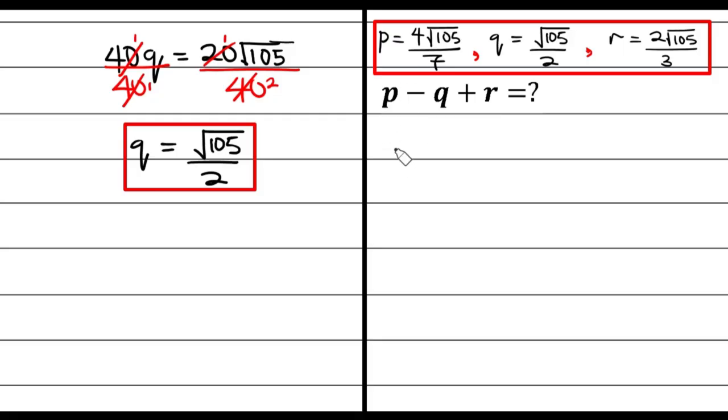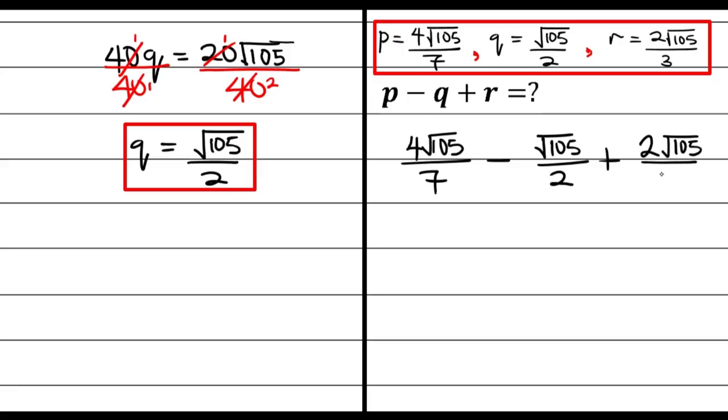So P, I have 4 square root of 105 over 7. Then I have minus there. I repeat that. Then Q, that is square root of 105 over 2. Then I have plus, so I carefully write that. Then R, that is 2 square root of 105 over 3.